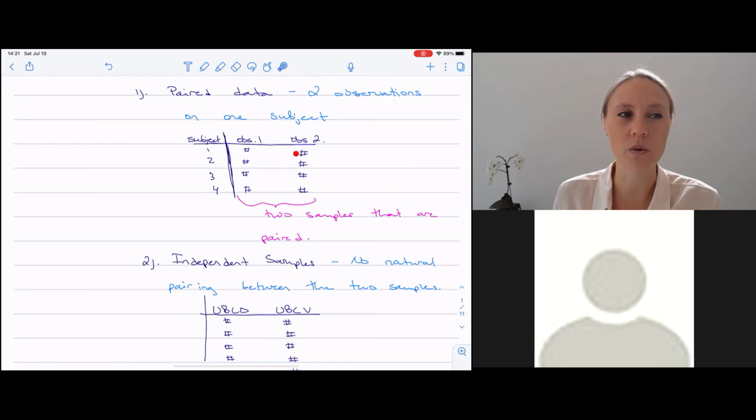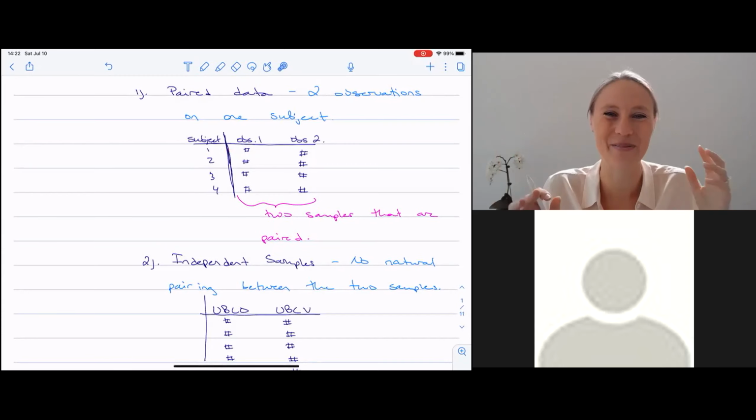In order to capture that this is all information from the same person, it's easier to talk about people, but it could be plants or rats or whatever. Or stocks, I don't know. Trying to cover all my bases.